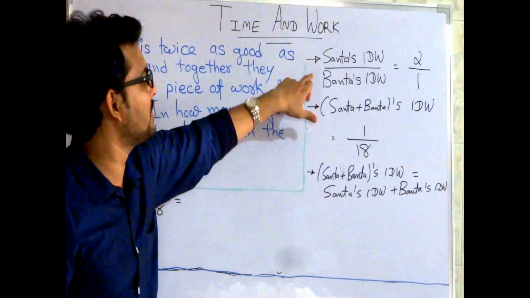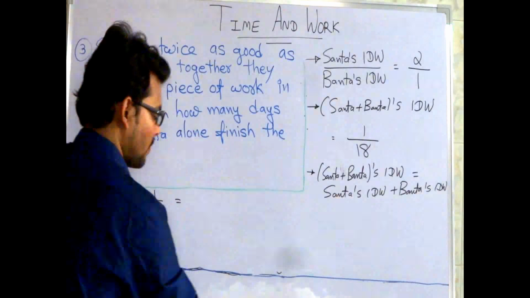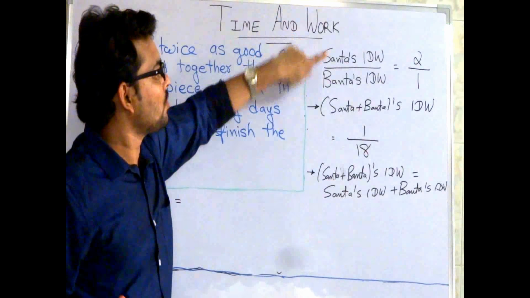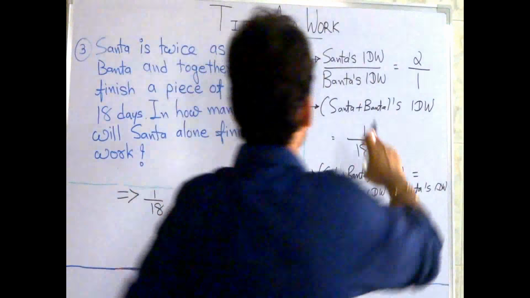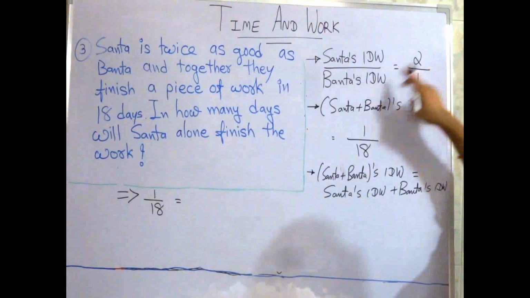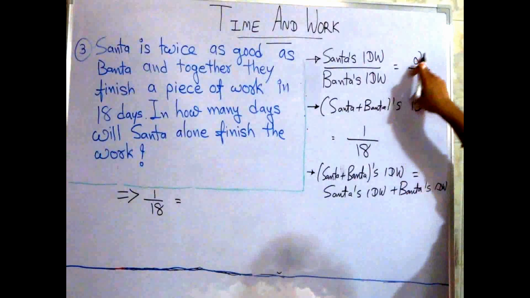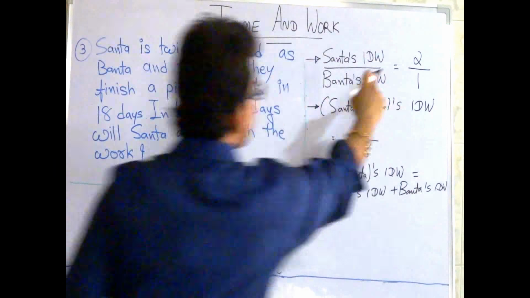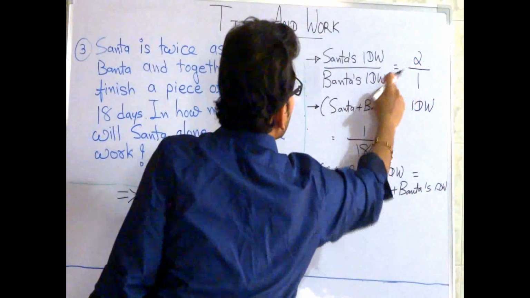So instead of writing it as it is, what we can do, see, Santa's 1 day work is there, so if this goes this side, then Santa's 1 day work is equal to 2 into Banta's 1 day work. So I will write this: Santa's 1 day work is equal to 2 into Banta's 1 day work.